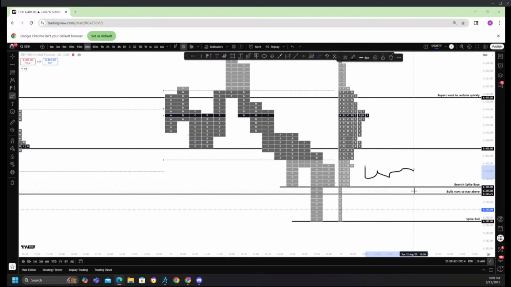If we open above the bearish spike base, how would we treat it? Is this bullish or bearish here? Bullish, because we're above. Because we are rejecting the spike to the bottom.